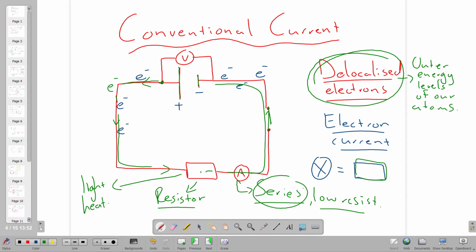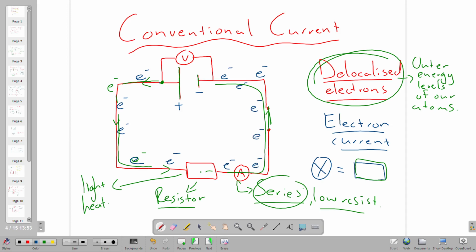They delocalize, they're free to move between my copper atoms. We usually use copper for our circuit wiring. So these electrons can move easily from one side to the next, and they are abundant throughout the circuit all the way through.